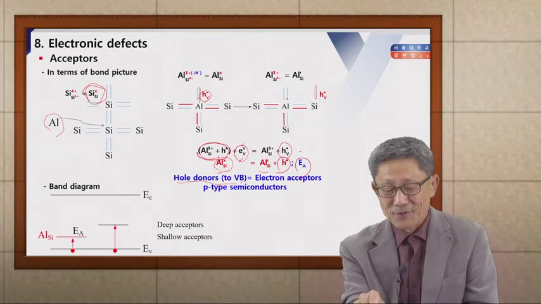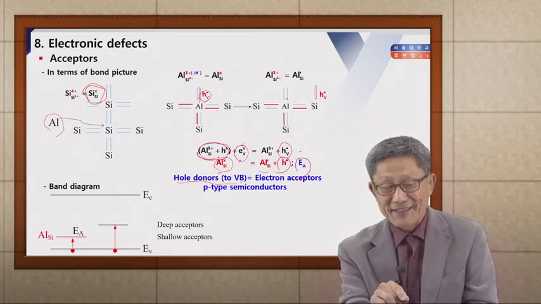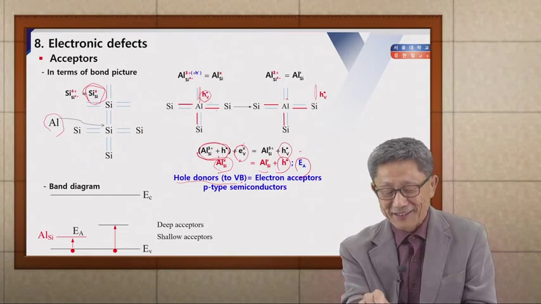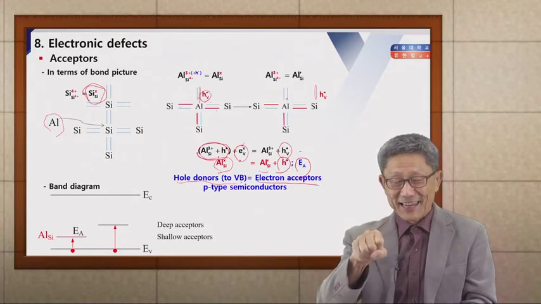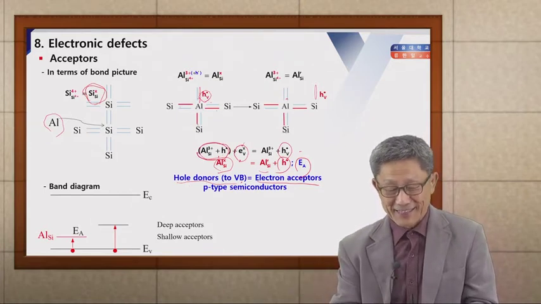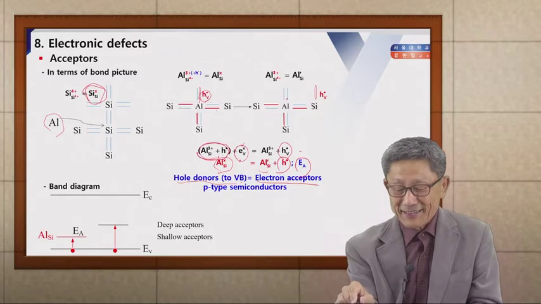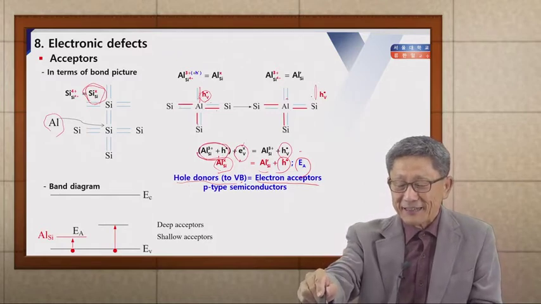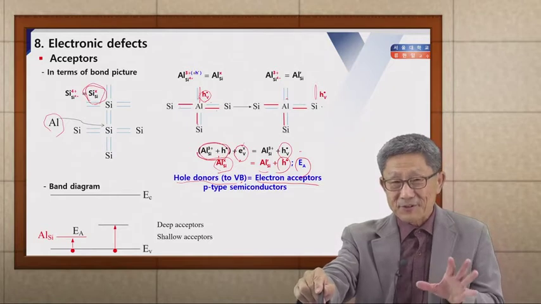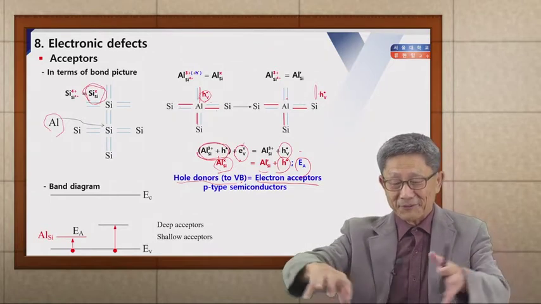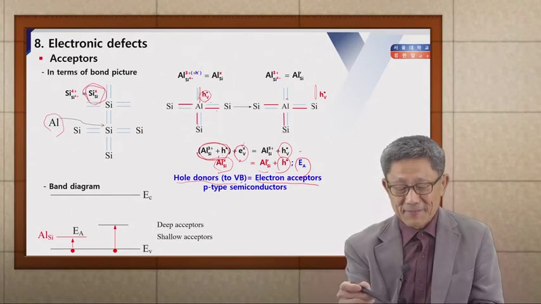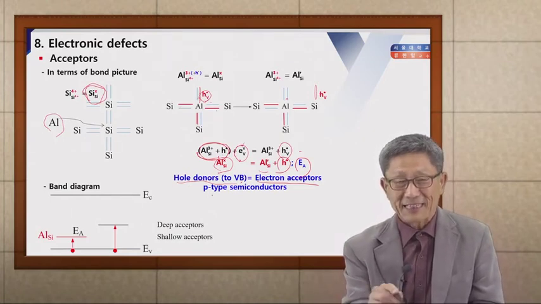Which used to be on this side. So in this sense, this kind of impurity is called electron acceptors, namely taking electrons from the valence band. So when you have this kind of electronic defect, then as temperature goes up, these empty sites can move around, which makes your semiconductor p-type.